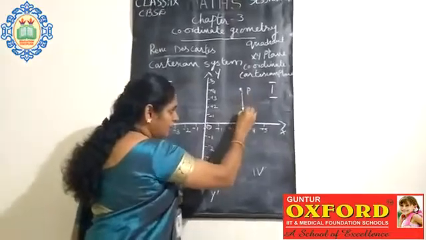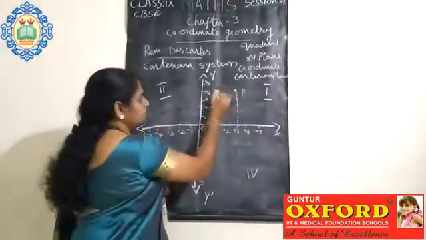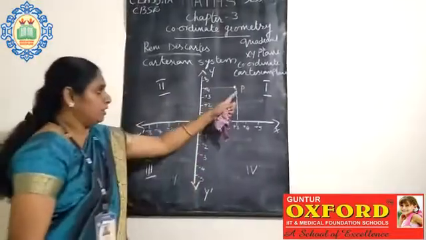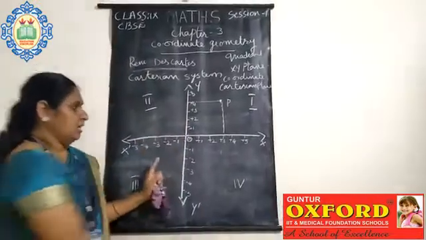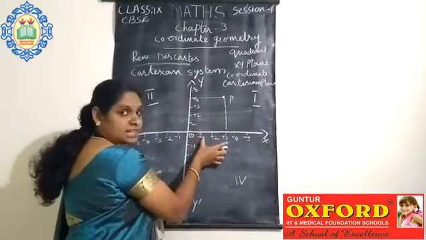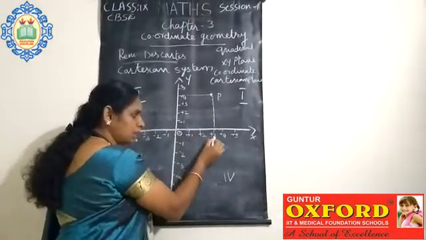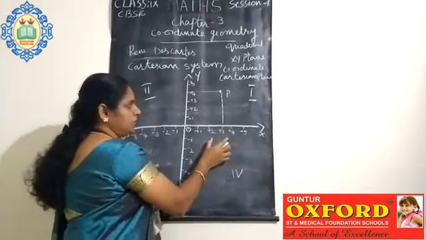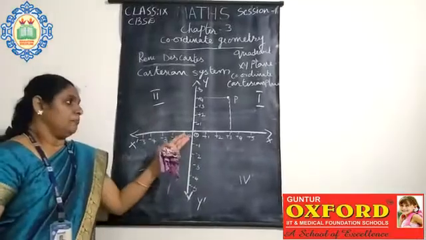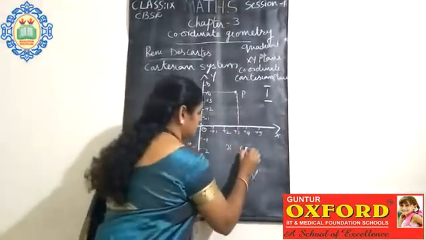I draw a perpendicular line to the x-axis and one perpendicular line to the y-axis. What is the distance from the y-axis? 1, 2, 3. 3 units. That distance from the y-axis is the x-coordinate.